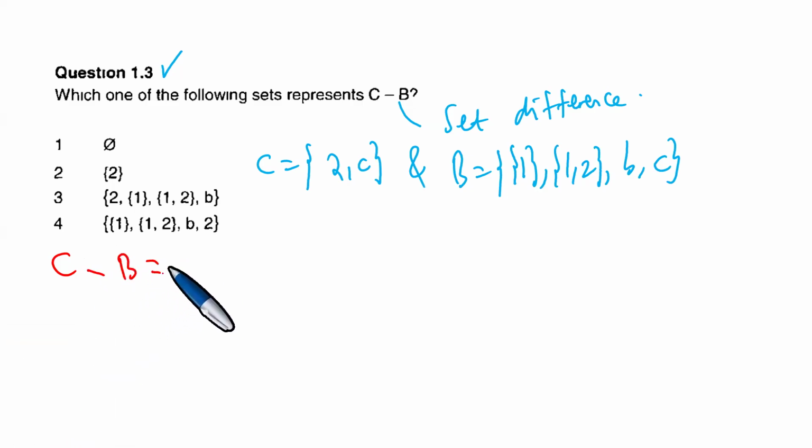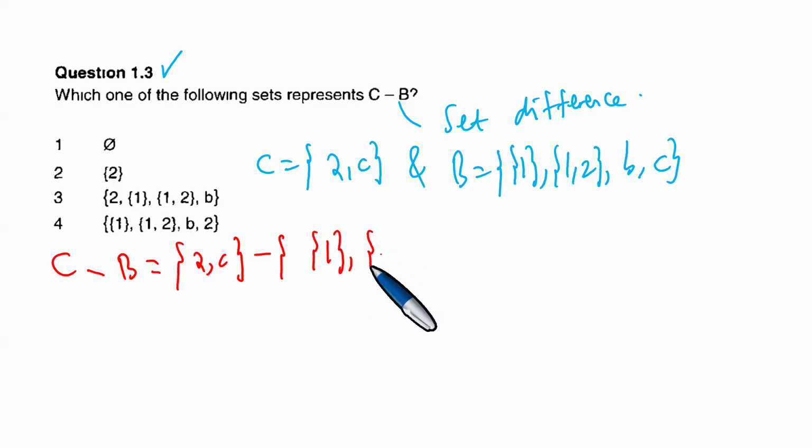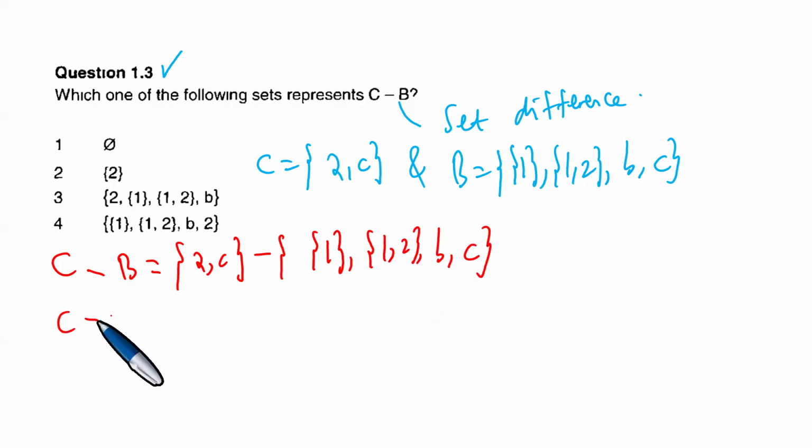C minus B. We have 2 together with C. We subtract B, which is 1, 1, 2, B, and C. And then we compute the set difference, which is obviously C minus B.